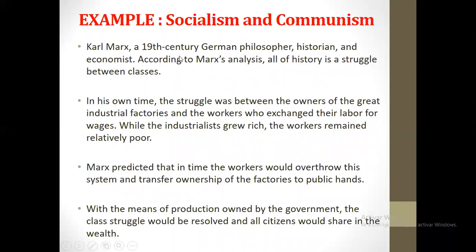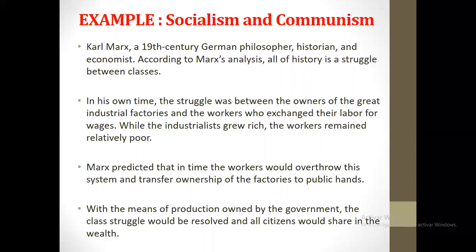Okay, he was a German who was born in the 19th century. He was a philosopher, historian, and economist. According to Marx's analysis, all history is a struggle between classes, and that's true. Always the monarchy against the people, the kings against the people, because they want to collect more taxes.